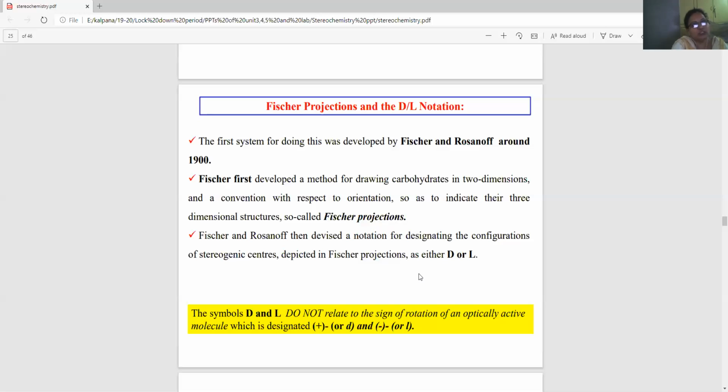So please don't get confused between capital D and small d, capital L and small l. Small d and small l are for rotating the plane polarized light for optically active compounds, whereas capital D and capital L are represented for Fischer projection configurations.